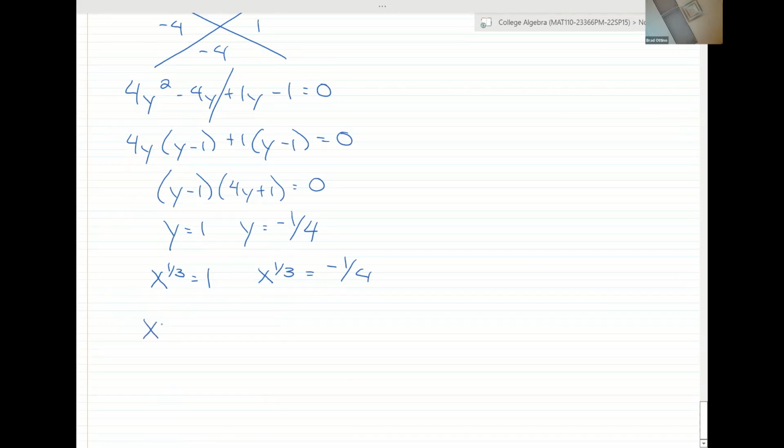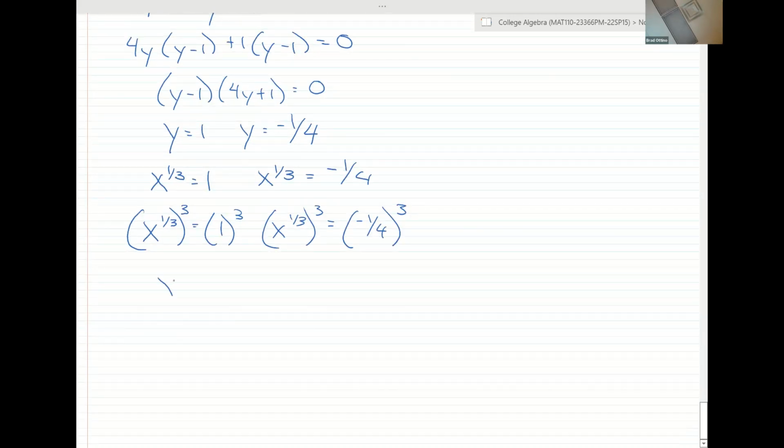If we just multiply by the reciprocal, we'll raise both sides to the 3/1 power. We wind up with x is just equal to 1. Negative 1/4 times negative 1/4 times negative 1/4 would just be negative 1/64.